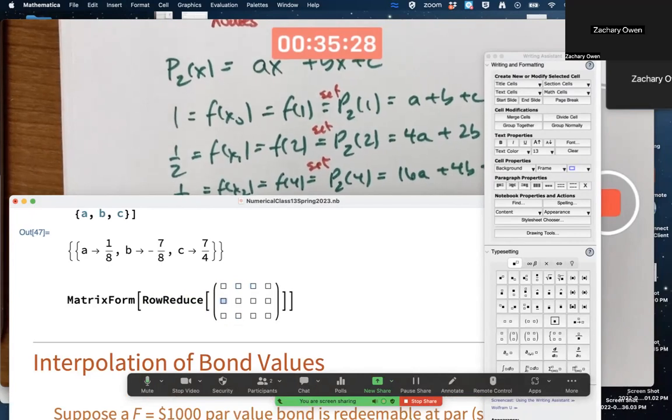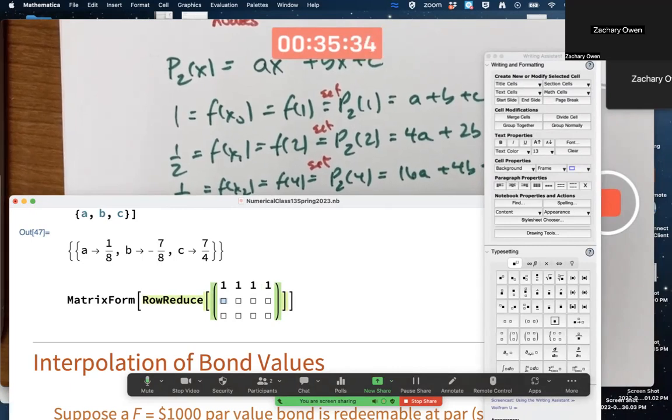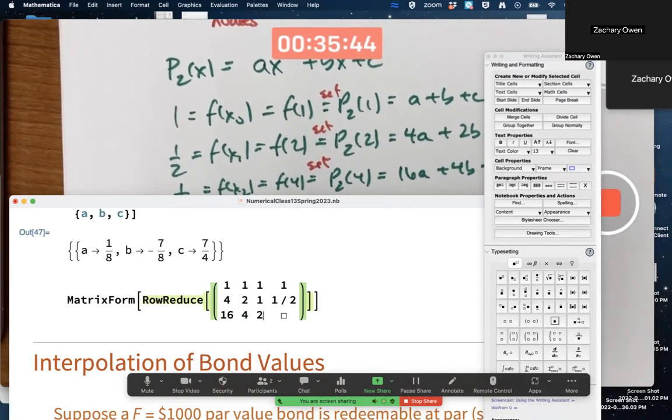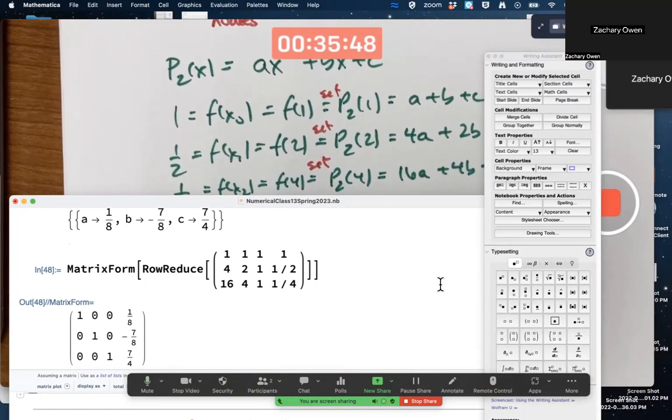Control-Return adds rows. So we can put our matrix in here. This is an augmented matrix, so the numbers in the last column are the right-hand side numbers of the equations, or the constant terms, I should say. There we go, 1/8, -7/8, and 7/4 again. Okay.